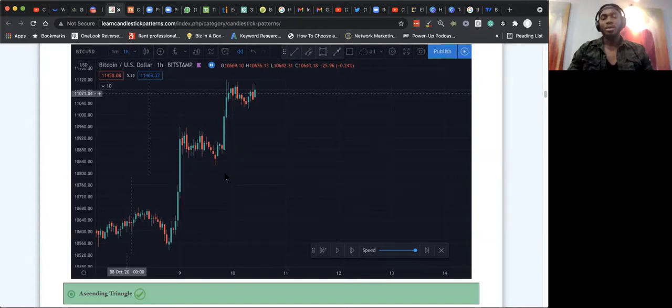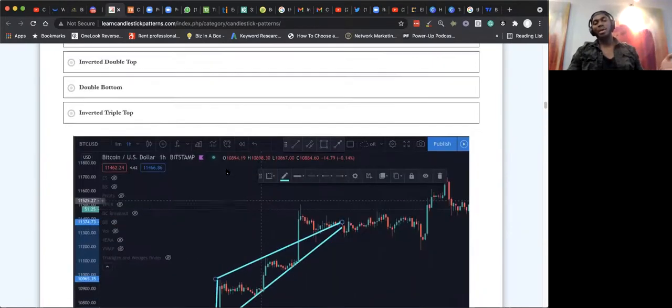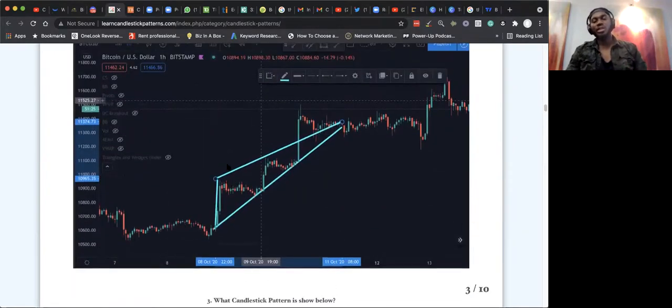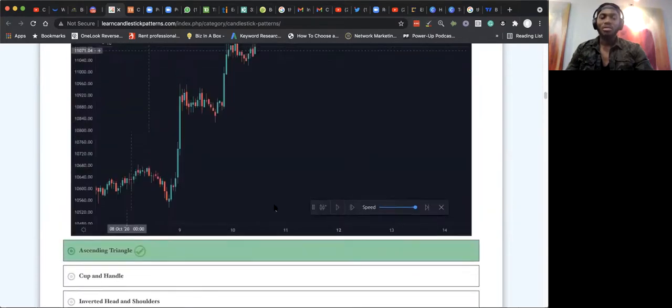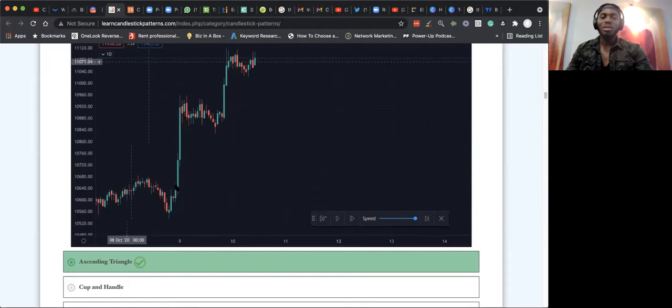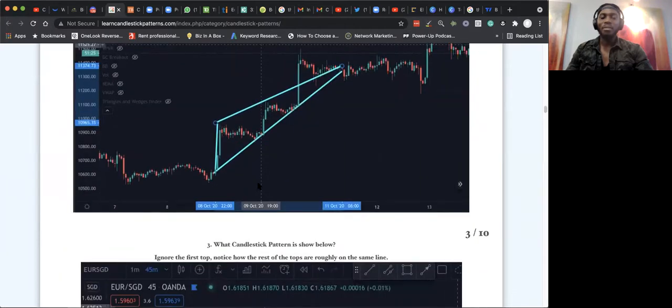Okay, so we were right about that, and it goes into further detail on how ascending triangles are formed.